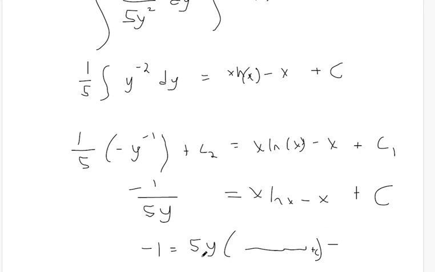So I get that y is negative 1 over 5 times x natural log x minus x, and then you can just say plus c, because that c is inside the parentheses, but 5 times an arbitrary constant is still an arbitrary constant.